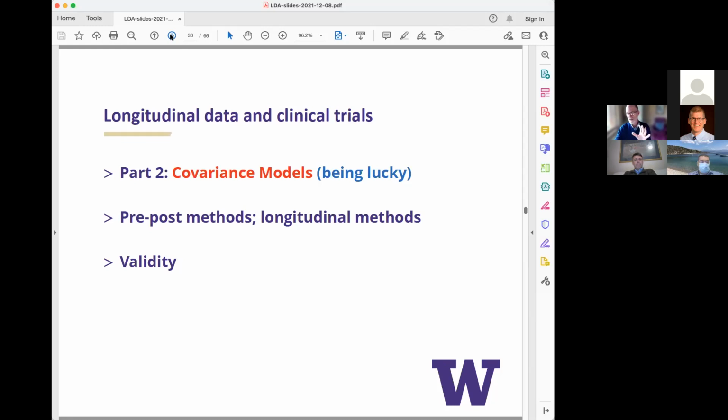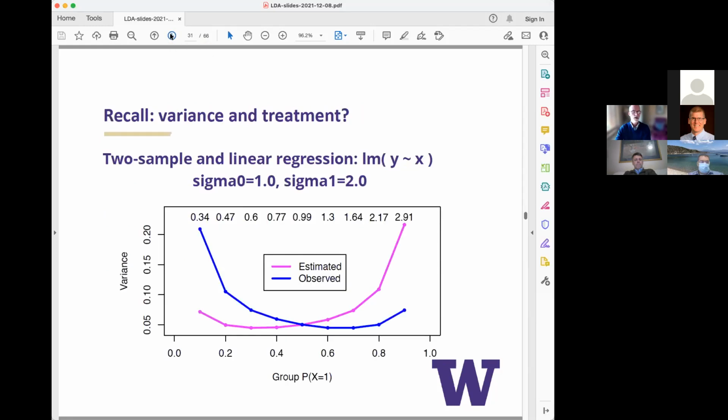I gave a very simple covariance matrix because it didn't depend on treatment group, and I want to talk about that. So look at this. I want to go to really fundamental stuff. If you've got a 2-sample trial and you're going to do post-only analysis, that's a 2-sample test of means.